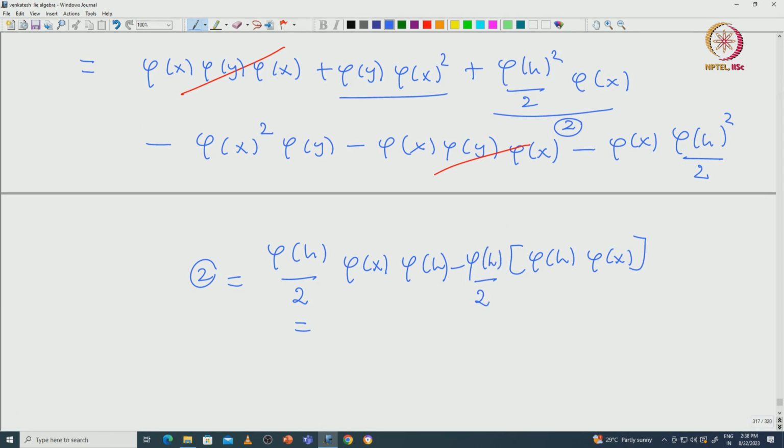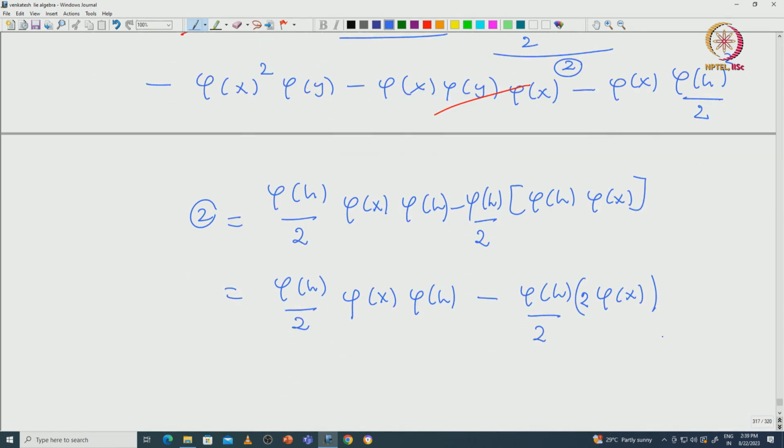So this is exactly equal to phi h by 2 times phi x phi h minus phi h by 2 times the bracket of h and x, which is 2x. So, this is phi x times 2.